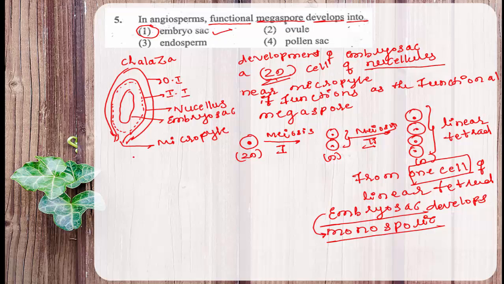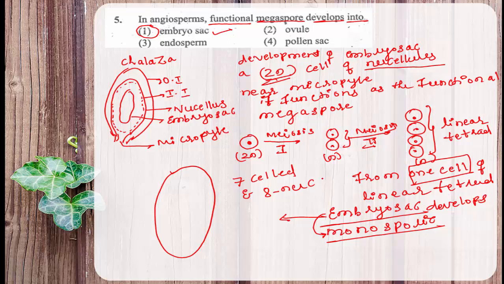The mature embryo sac in angiosperms is a 7-celled and 8 nucleated structure.